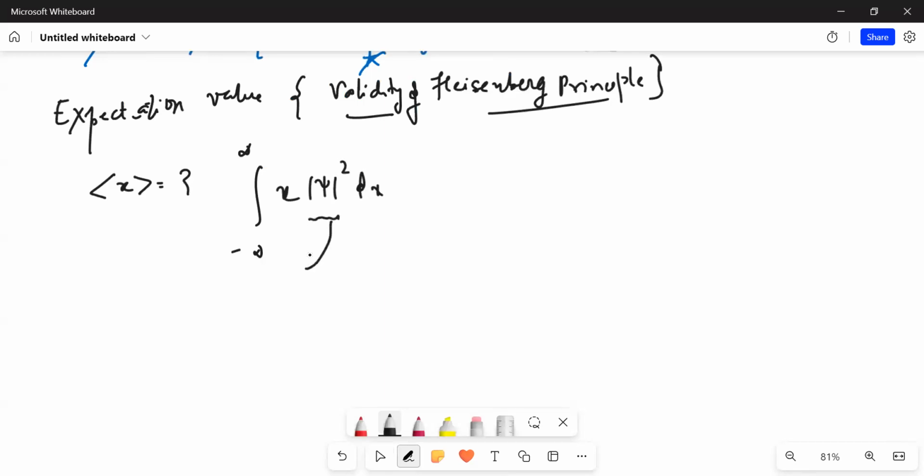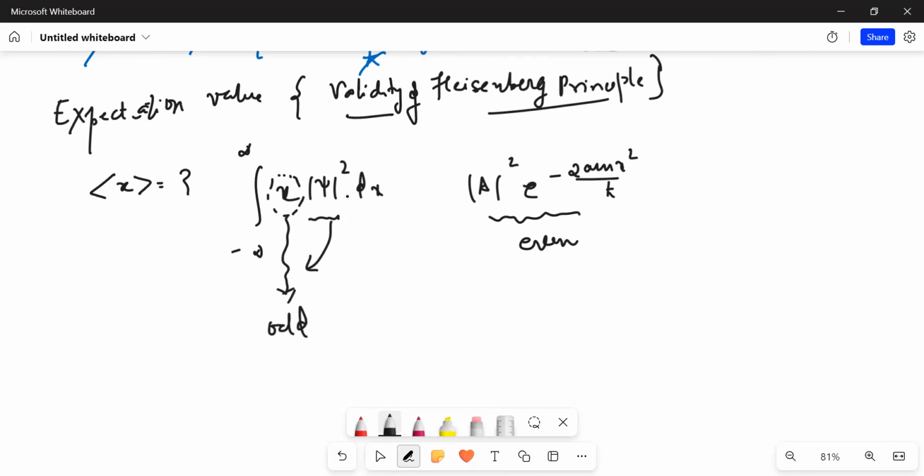We understand that this particular function would be simply e to the power of minus of 2am x square upon h cat. There would be some constants, I'm not denying that. But overall, this particular function is an even function. And this x is an odd function. So overall, this integrand would be an odd function.